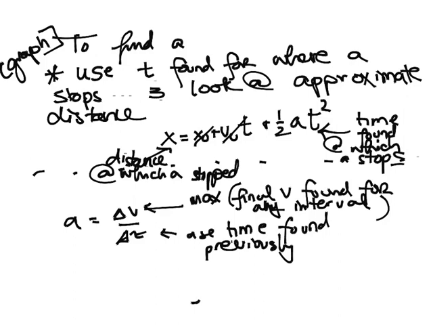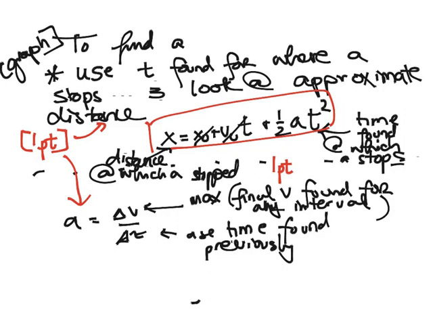So again, there's one point for either one or the other. And there's actually 2 points associated with this, one for describing and one for indicating either this equation or this equation. So there's 2 points total. One goes with the explanation, one goes with the equation.